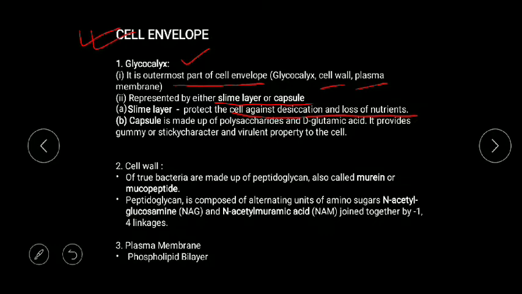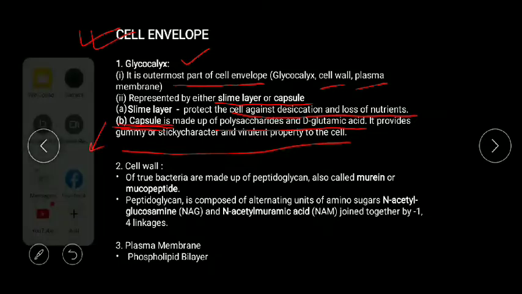And when a cell has a slime layer, it is rough in appearance. But when they have a capsule outside, that is made up of polysaccharide and D-glutamic acid, it provides a gummy and sticky appearance to the cell. Due to this, the capsulated bacteria show shiny colonies.